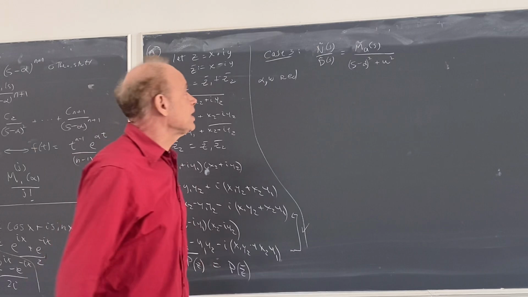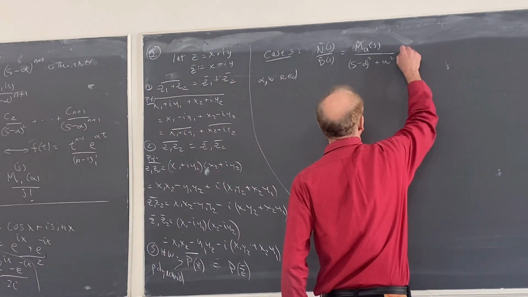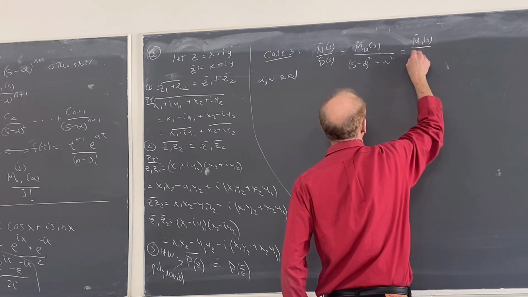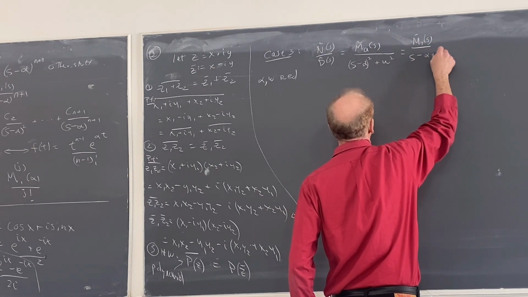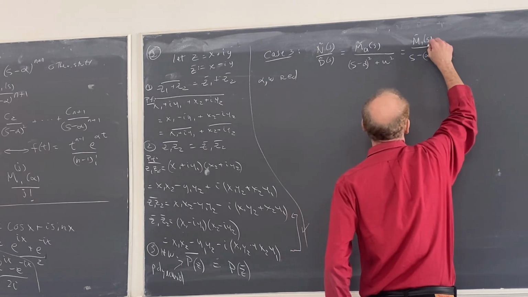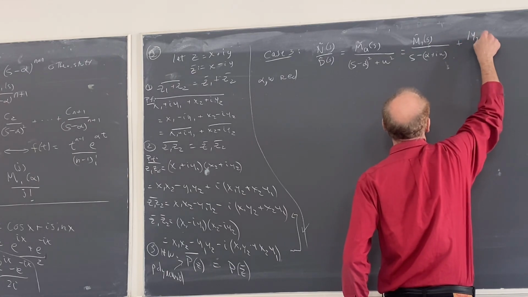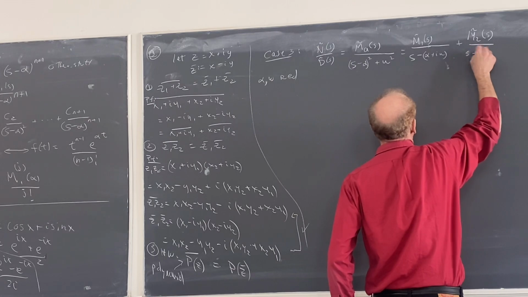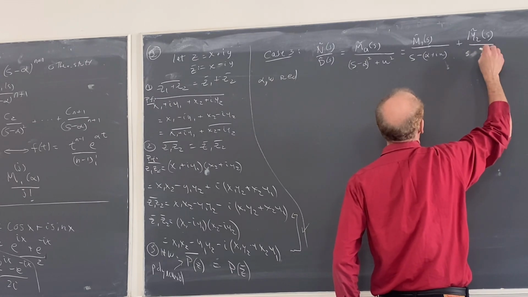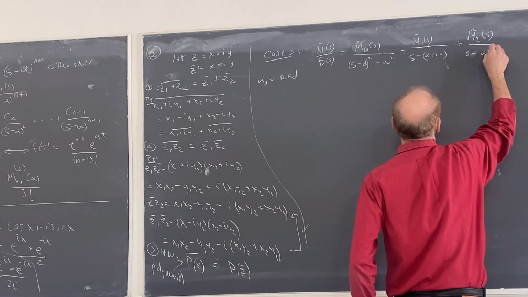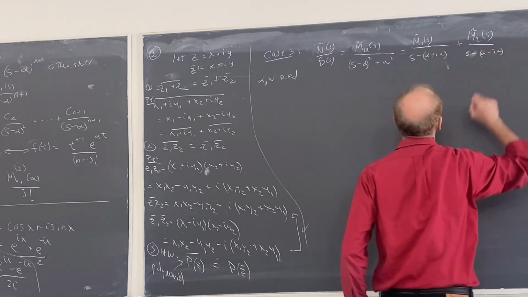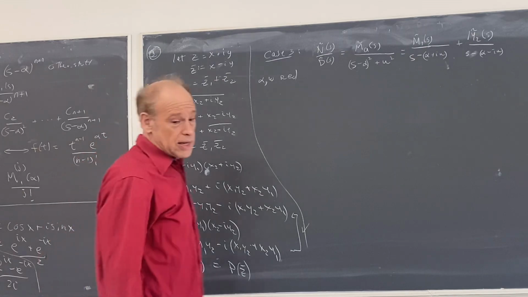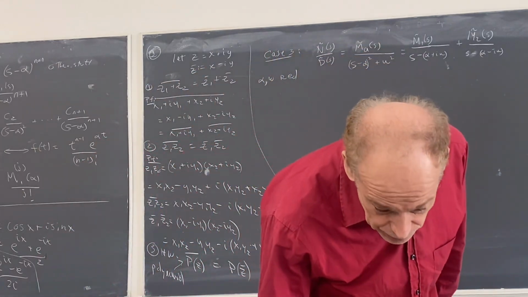And I claim that I can write this as m1 tilde of s divided by s minus alpha plus i omega, plus m2 tilde of s over s minus alpha minus i omega. And let's just make sure I got that right.